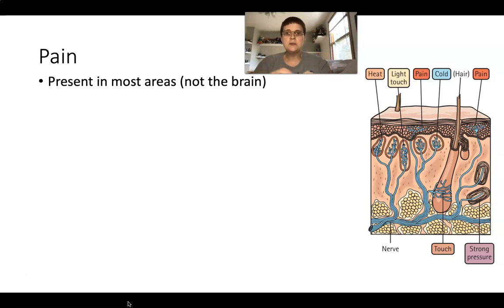These pain receptors are present in most areas of your body, but not the brain. I know that sounds weird, but you don't have any pain receptors in your brain tissue. Pretty much everywhere else in your body, you are going to have pain receptors. We most often think about pain receptors being in your skin, but you do have them in your muscles.